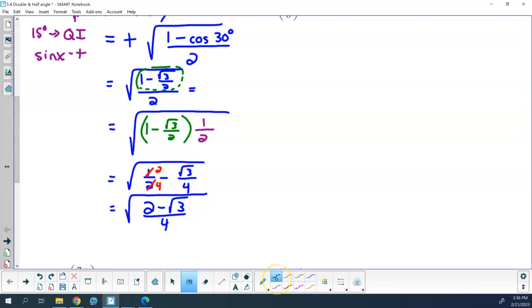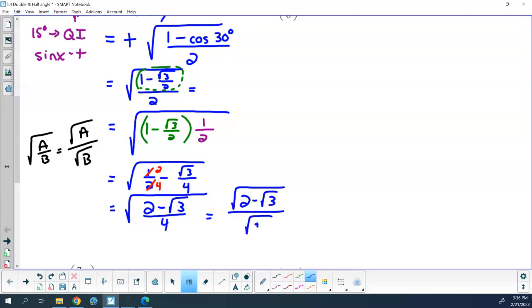What we learned way back in algebra was, if we had the square root of a fraction, that was the square root of the top divided by the square root of the bottom. So this is going to become the square root of 2 minus the square root of 3 all over the square root of 4, which the square root of 4 now is 2.